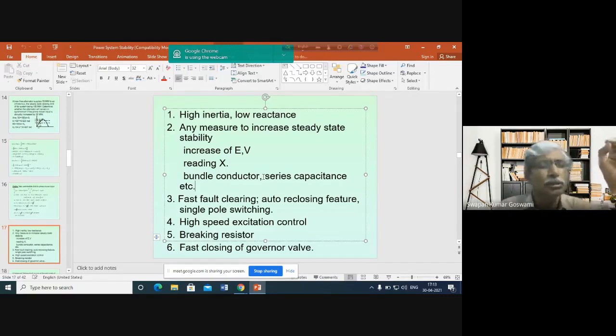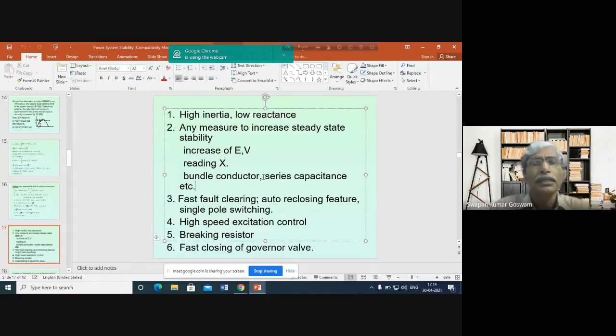That means there are methods to protect the series capacitor, and protective systems for preventing the occurrence of resonance. Again, there are protective systems that will take care of the presence of the capacitor in the system while protecting the transmission lines. This will be required, and only then may series capacitors be used.